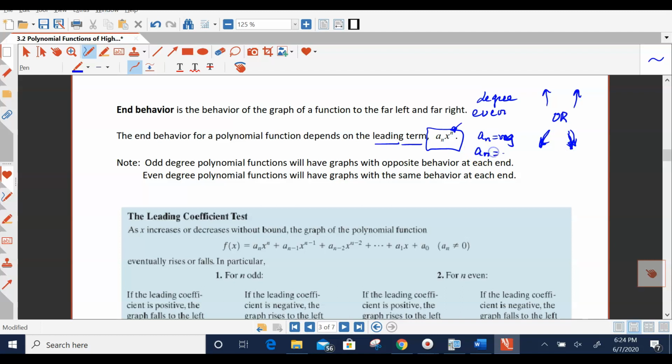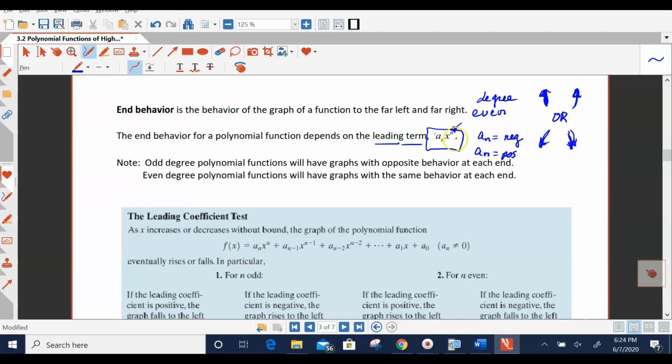If the front number is positive, then both ends will go up, like a regular opening parabola. That's something we covered back in chapter 2, and it's good to remember those rules because they come back to haunt us, actually. So if the degree is even and the front number is positive, both ends go up. If the degree is even and that front number is negative, then both ends are going to go down.